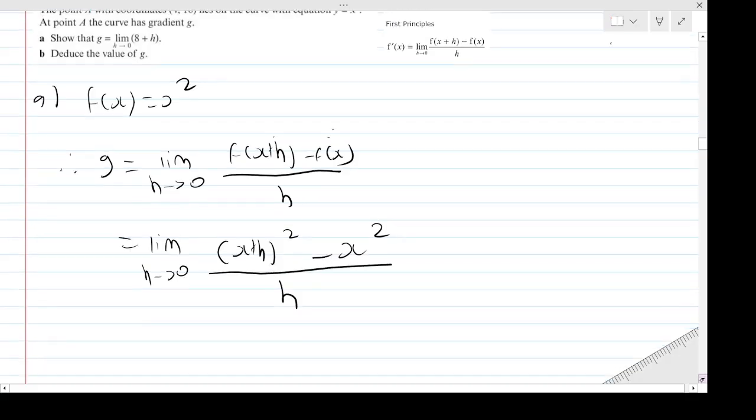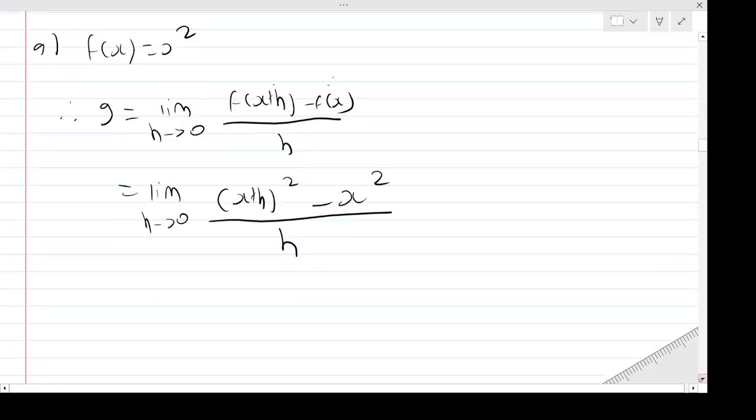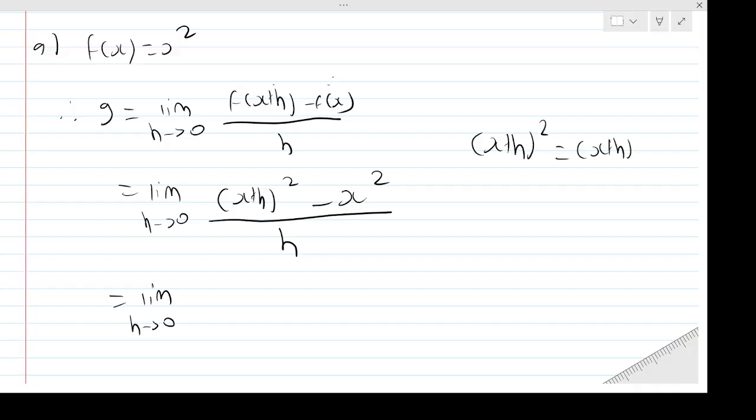So what can we do here? We can expand the bracket. The limit as h tends to 0, and if I expand x plus h squared, I get x squared, add hx, add another hx, which is 2hx, add h squared. Don't worry about all the weird h's everywhere, let's just work with that.